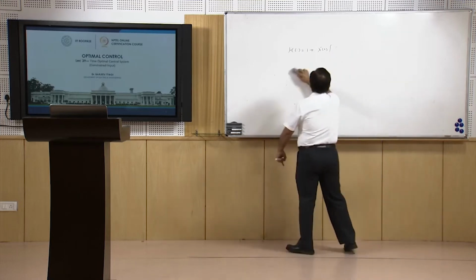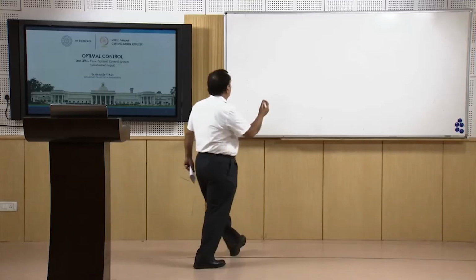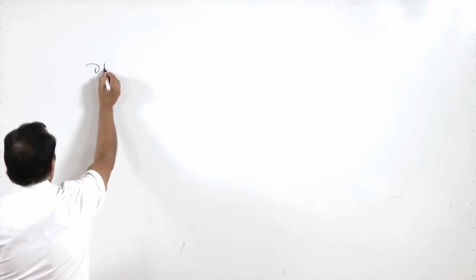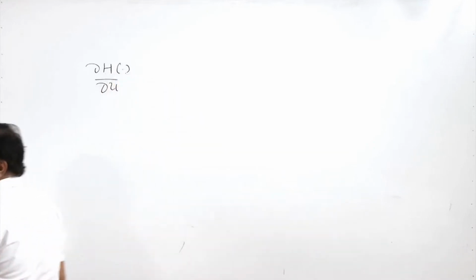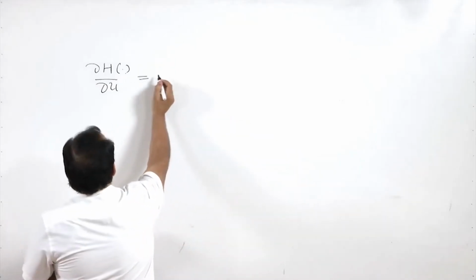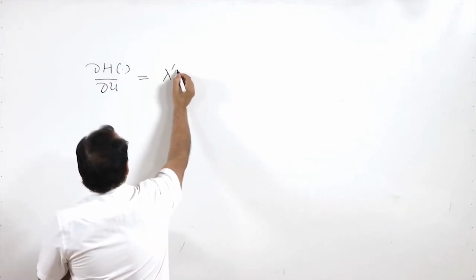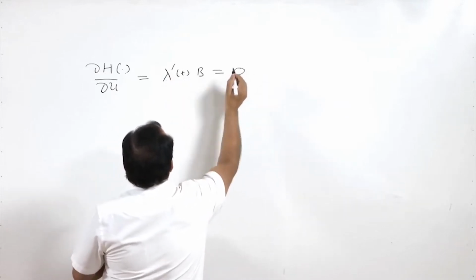So, in this case, if I say my Hamiltonian is 1 plus lambda prime t A x t plus B u t, what is my del H by del U? My del H by del U in this case will be lambda prime B, because this is the term which is related to U. So, lambda transpose B is equal to 0.